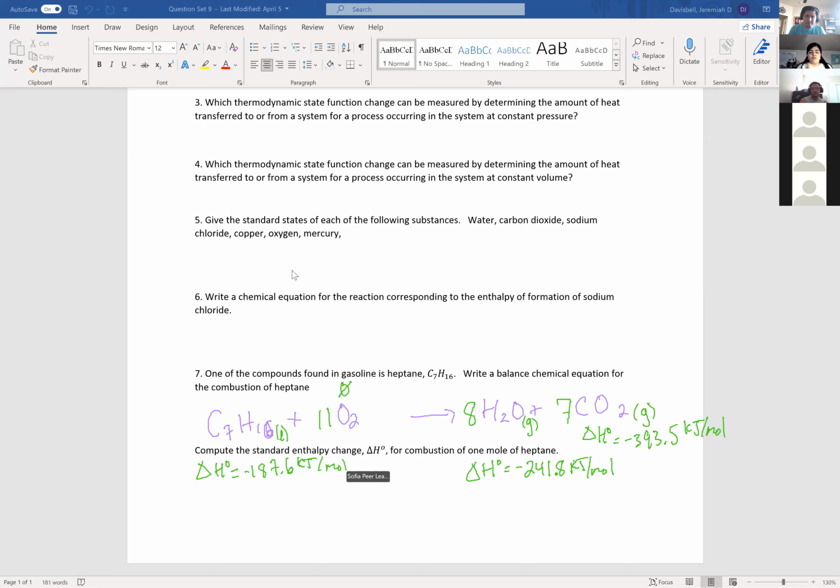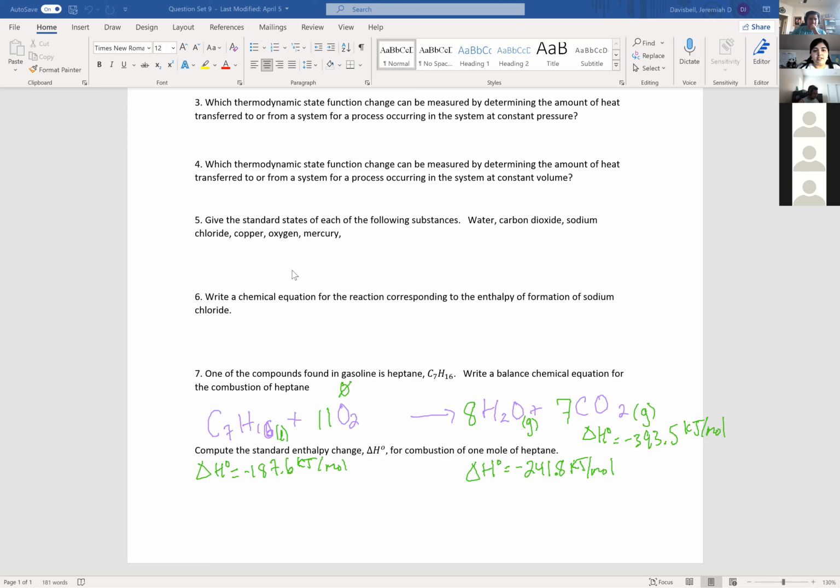Is this direct method Hess's law or indirect method Hess's law? Direct method, right? So what equation do we need to use? Is it when we have the products minus the reactants?